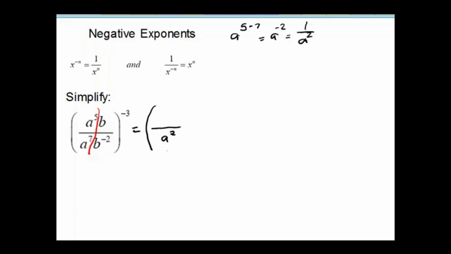We might get something else there and not need it. For the b's, your rule is subtract top to bottom, or you could shift this with the negative up. It's going to give you b to the 3rd. Either way that you go, 1 minus a negative 2, minus a negative makes plus, so it gives you b to the 3rd, positive exponent, so it goes on the numerator.